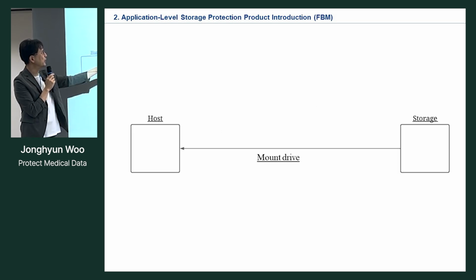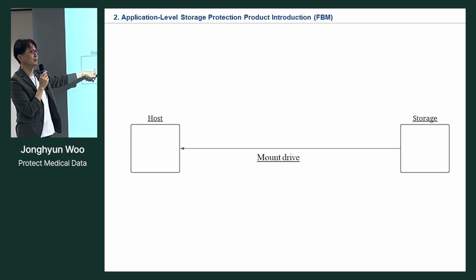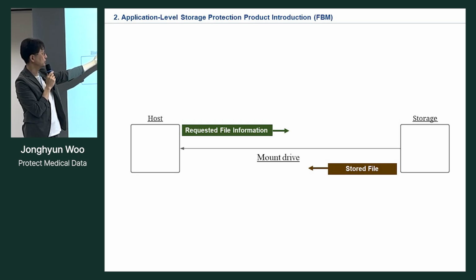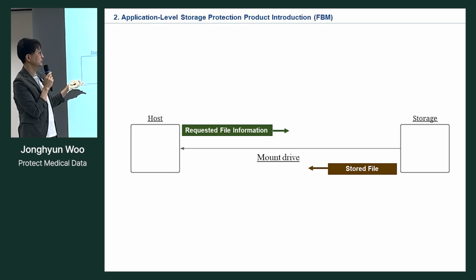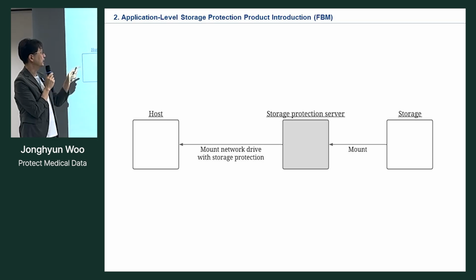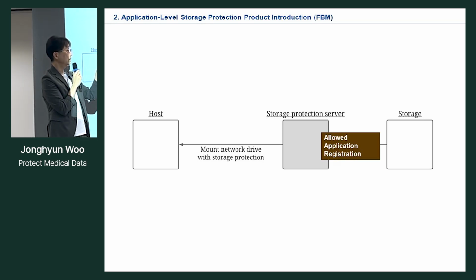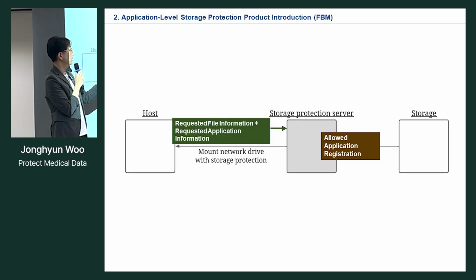Instead of mounting your typical storage to your PC or host directly, where the host only sends the file request information and the storage just sends the stored file to the PC or server, we place the storage protection in the middle, and then register the allowed applications here.